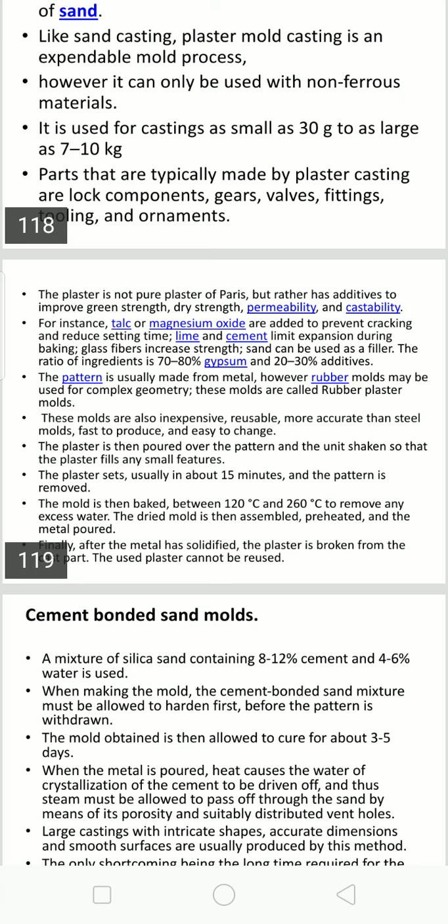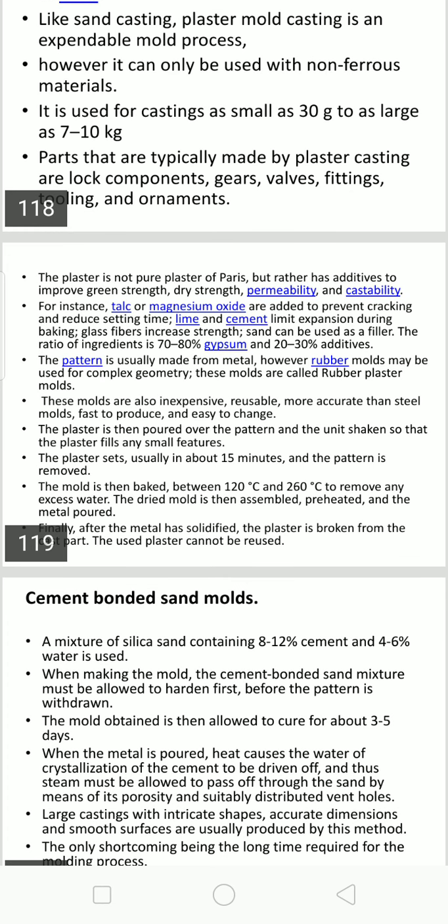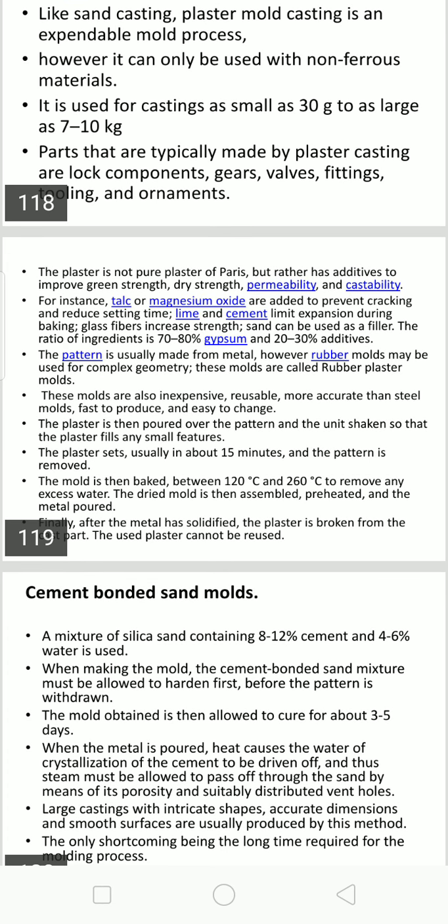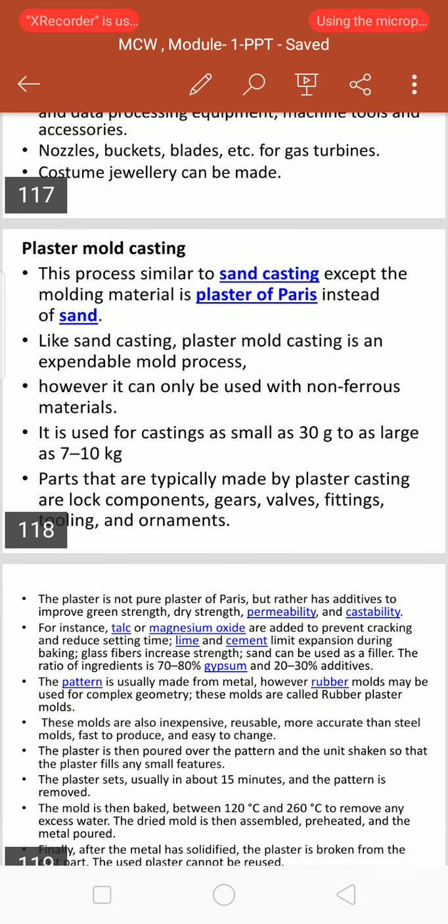The dried mold is then assembled, preheated, and the metal is poured. Finally, after the metal has solidified, the plaster is broken from the mold. The used plaster cannot be reused, as plaster of Paris material cannot be reused or reclaimed.